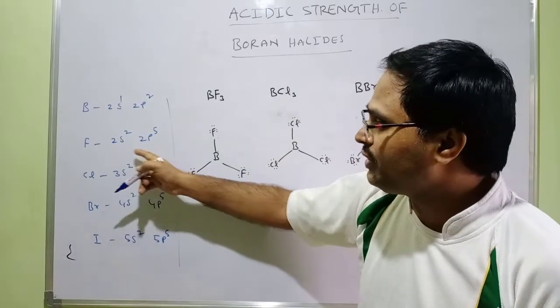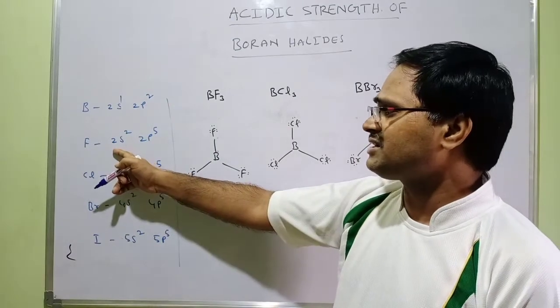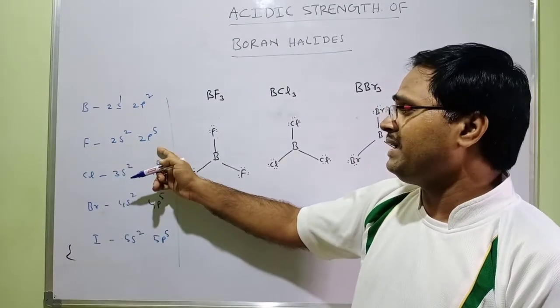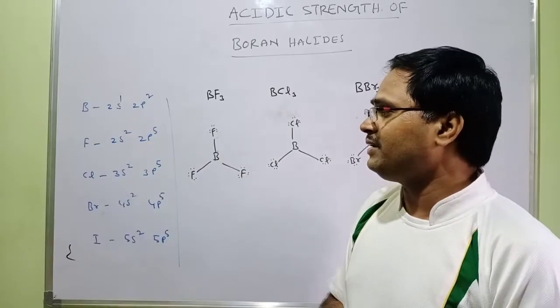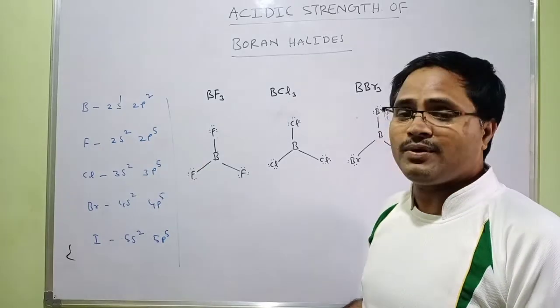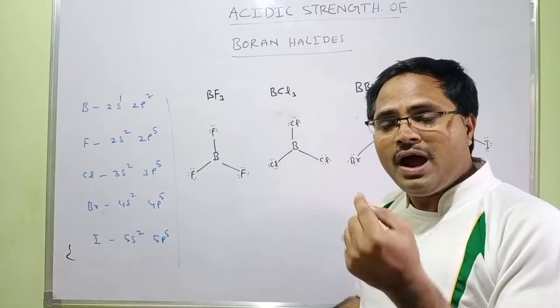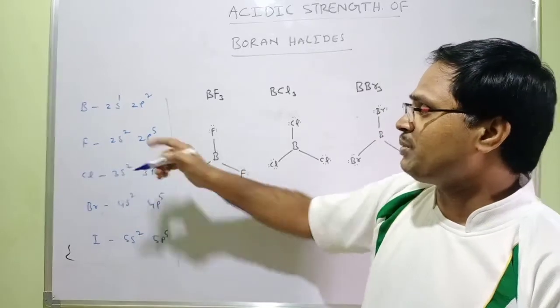You look at here fluorine, chlorine, bromine, iodine. All electrons are completely filled. 2s is completely filled. If you look at 2p, except 1 orbital, the remaining 2 orbitals are completely filled. So 2p5 means in 2p you have 3 suborbitals, 2 orbitals completely filled and 1 orbital half filled. That's why it is 2p5.